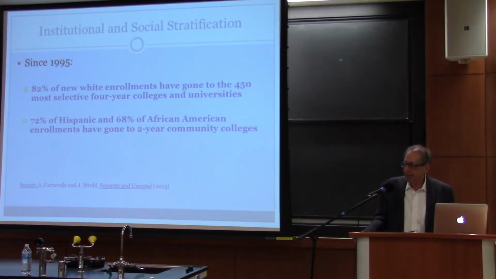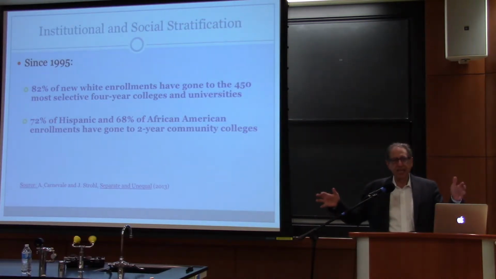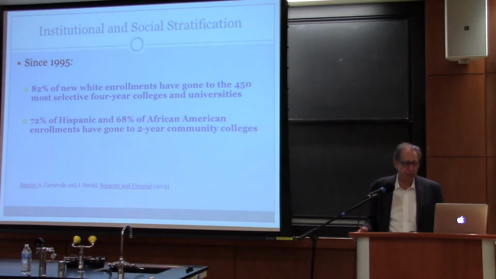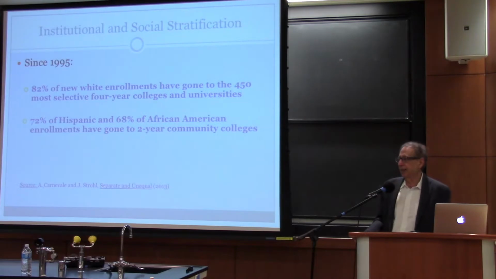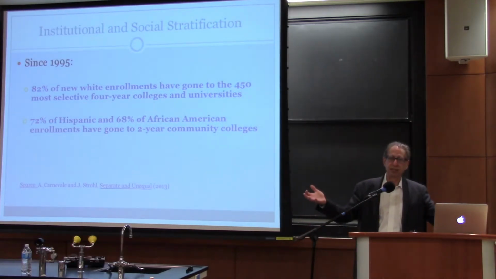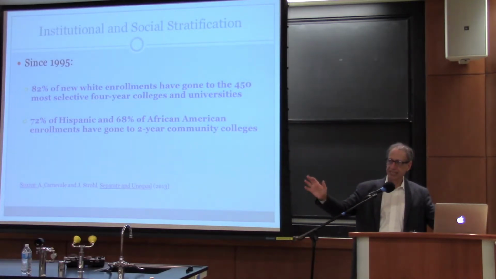Okay, so here are some shocking statistics about institutional stratification and social stratification. 82% of new white enrollments, this is from 1995 through about 2012, so these researchers looked at new enrollments during almost a 10-year period. 82% of white enrollments went to the top 450 or so four-year colleges, the ones that had some degree of selectivity.